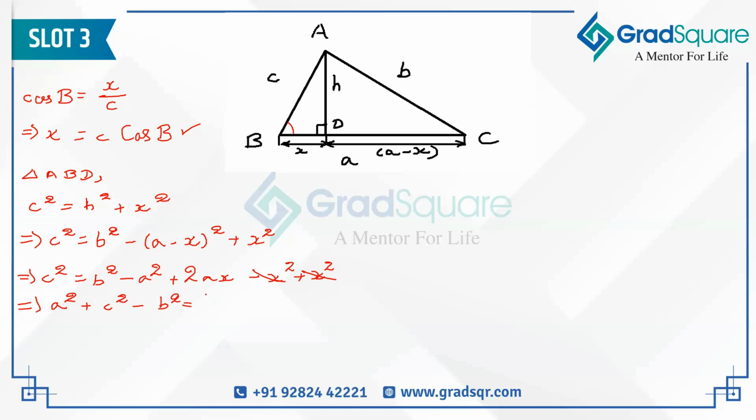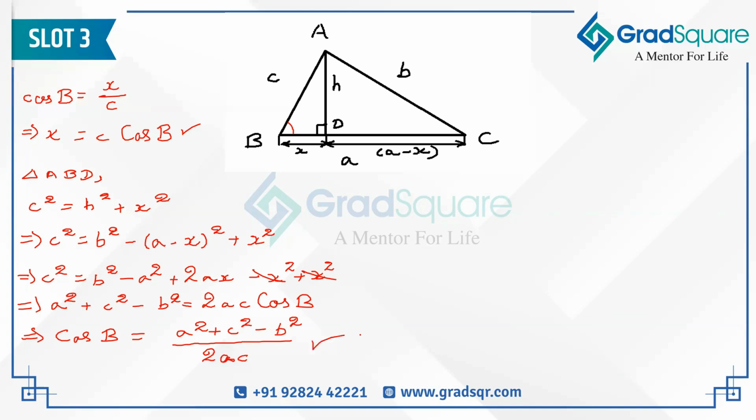Now, x is nothing but c cos B, so I can replace x with c cos B, which means from this equation, we can conclude that cos B is (a square plus c square minus b square) by 2ac.